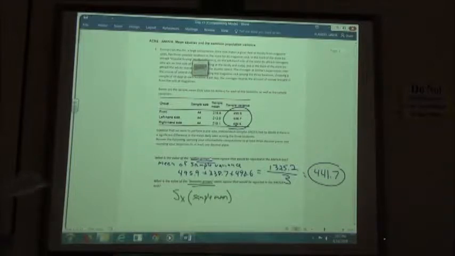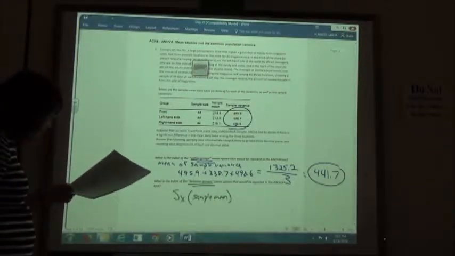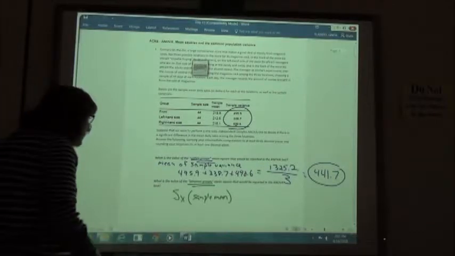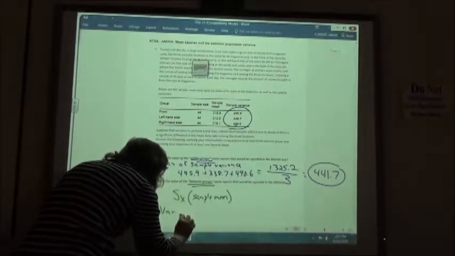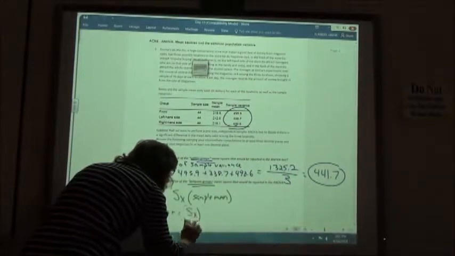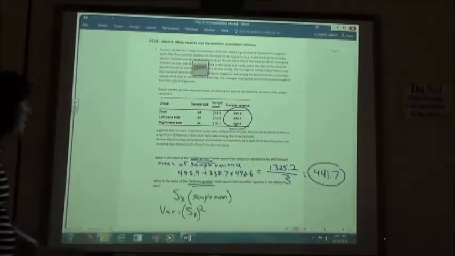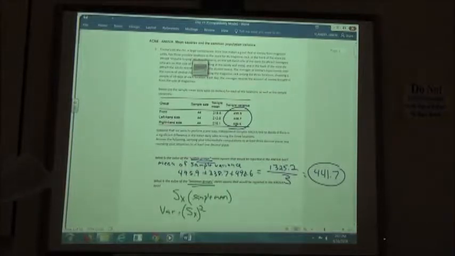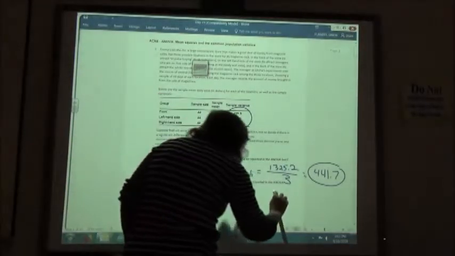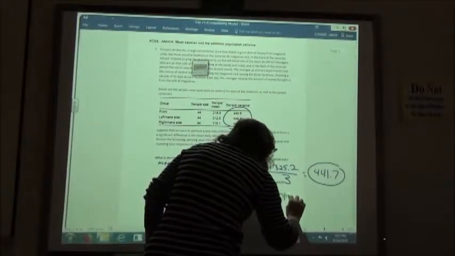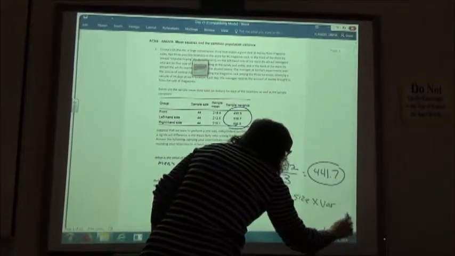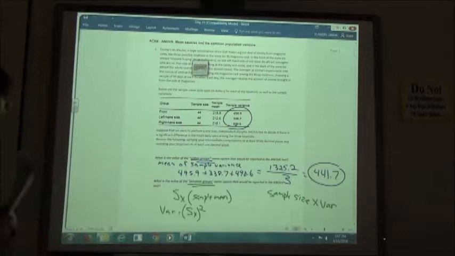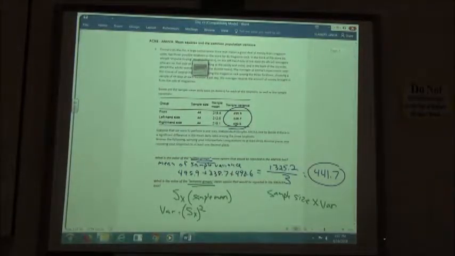But we're just going to do it on our calculator. And then in order to find the variance, you are going to take that value squared, and then in order to find your answer, you're going to take the sample size times the variance.